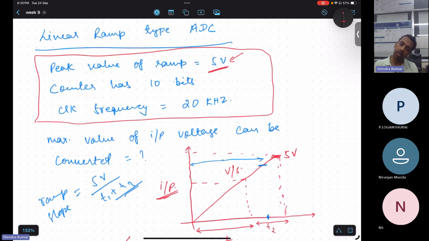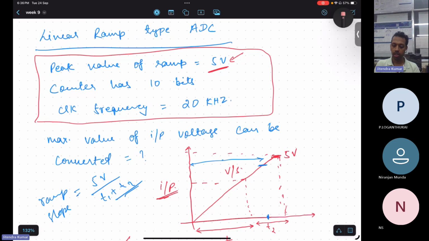But how much is the input voltage we are going to measure? If any unknown input voltage is available with us, it must be less than 5 volt, it cannot be higher than 5 volt. Then we can easily measure with this kind of ADC. That is why the maximum value is important. Otherwise, if you connect a voltage larger than the maximum as an input, you are going to get a wrong result, or your circuit might get damaged as well.